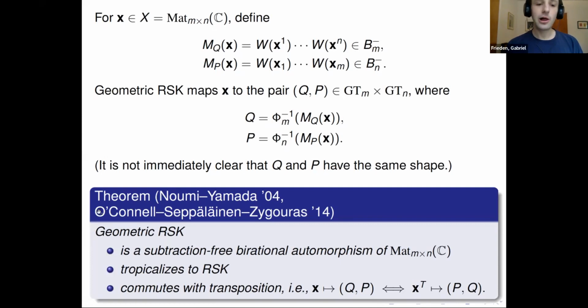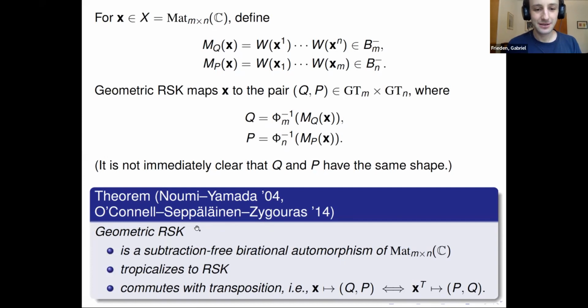I'll also mention that we also use a description due to O'Connell, Seppäläinen, and Zygouras, where they basically gave a description of geometric RSK in terms of birational toggles.